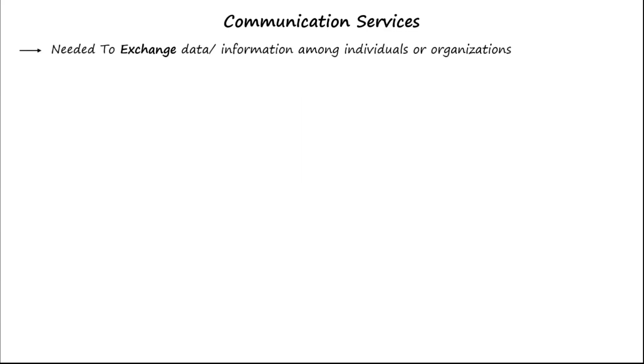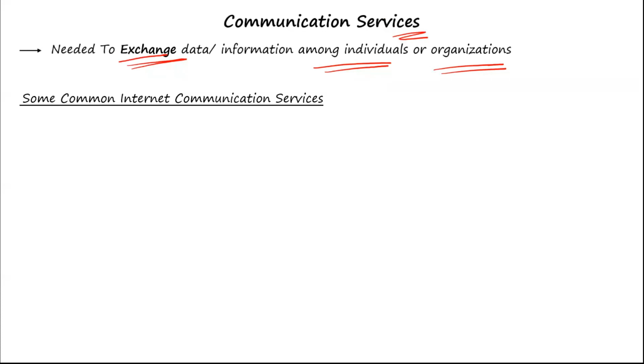Let me quickly write that. So just focus on this word, exchange data among individuals or organizations. So if we are exchanging data between individuals, between friends, or at corporate levels, we are using communication services offered by internet. So let's discuss some common internet communication services.